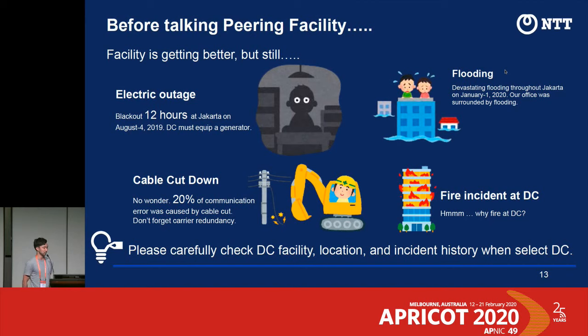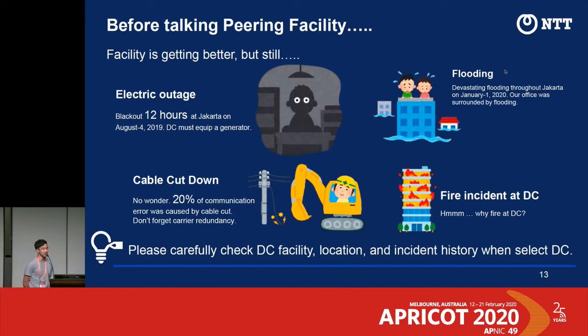Please read each comment. When it comes to electric outage, it happened last year, August 4, 2019. With that electric outage, the whole area of Jakarta was covered with a blackout. Can you imagine that?